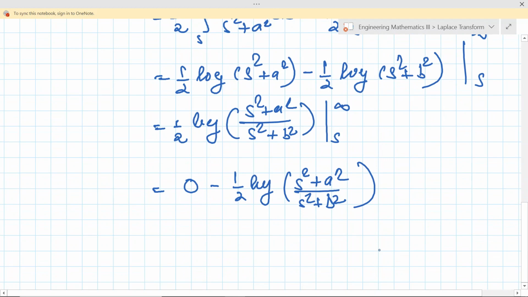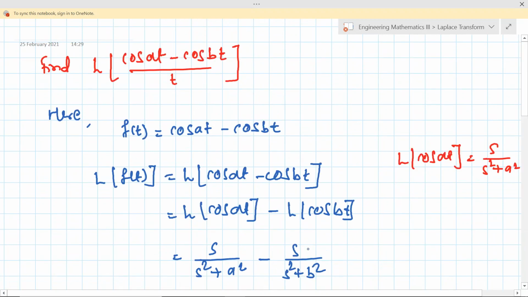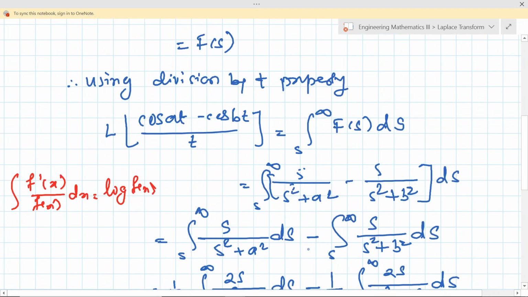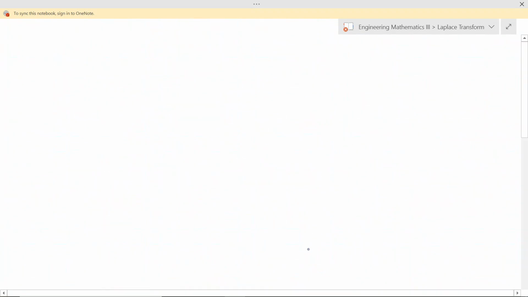Or otherwise, if you want to change the sign, this is nothing but 1 by 2 log of s square plus b square divided by s square plus a square, and that's it. This is the example. Okay, so in this way we can find the Laplace transform of the function by using the division by t property. This is my division by t property.